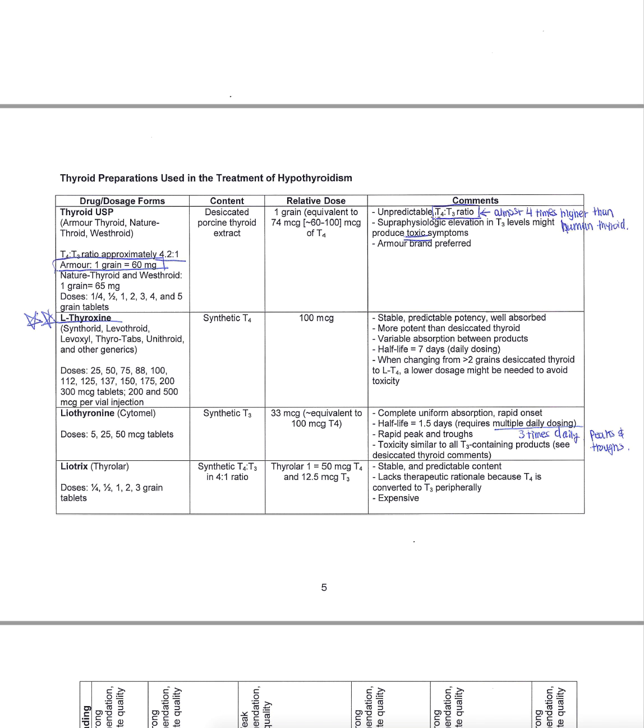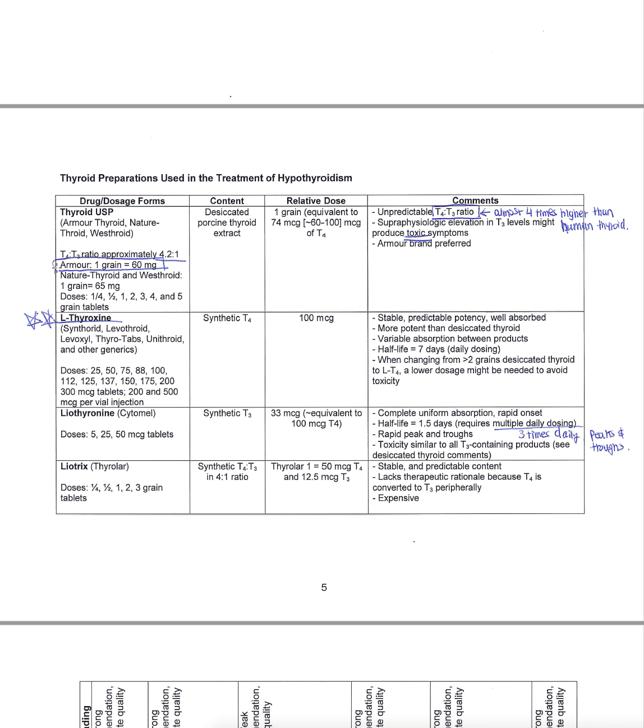The ratio between T4 and T3 varies, and there is way more T3 content in this form compared to our natural human thyroid hormone. So you may get way too much T3, leading to really high elevation of T3 levels, which can lead to toxic symptoms. So it's really not recommended. I'll talk about it a little more in depth later in other notes.